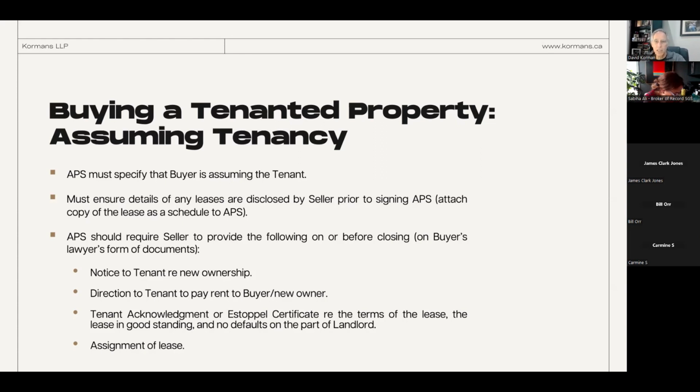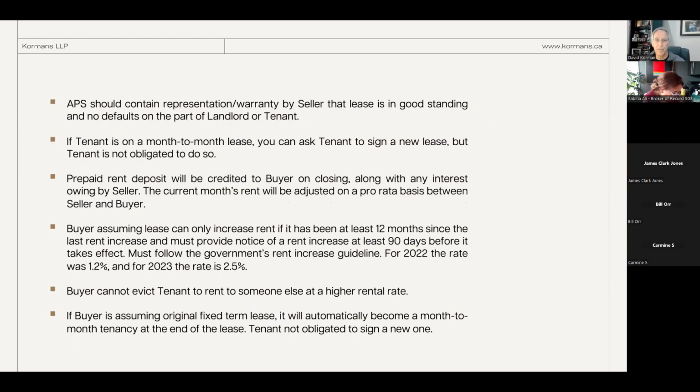So there are ways of dealing with it, but it's important that you try and see what kind of cooperation you're going to get from a tenant to sign those tenant acknowledgements even before closing. Okay, and make sure that they're completed fully and completely and properly, and that they're consistent with the terms of the lease.